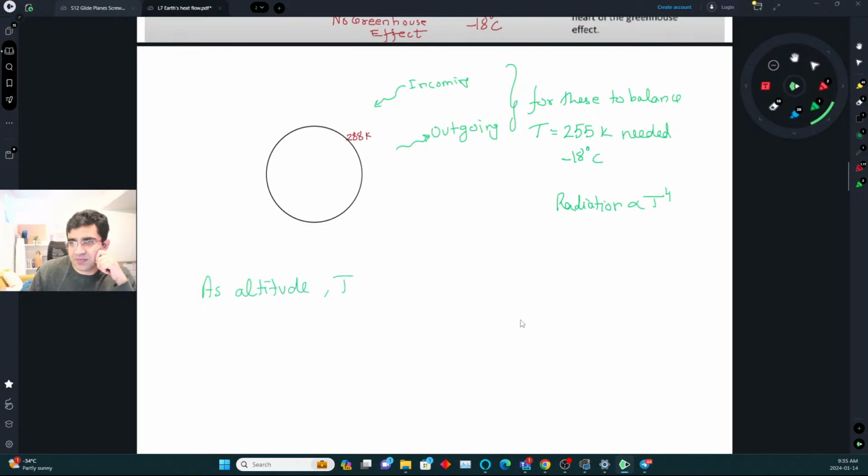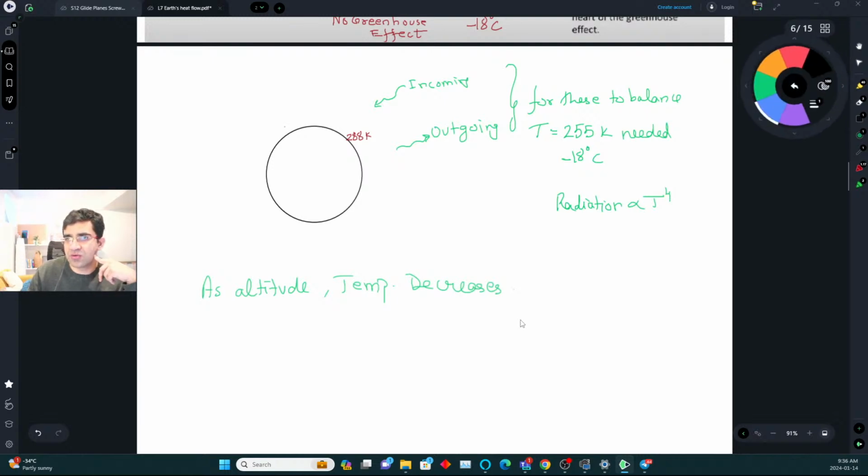Decreases. Okay, so you think of this like you have this 288 Kelvin. If you go slightly higher up, the temperature will decrease if you keep going higher and higher. At some point it will become 255 Kelvin.